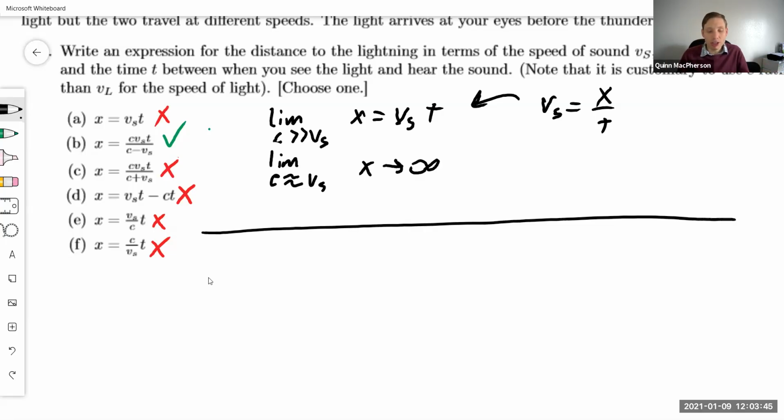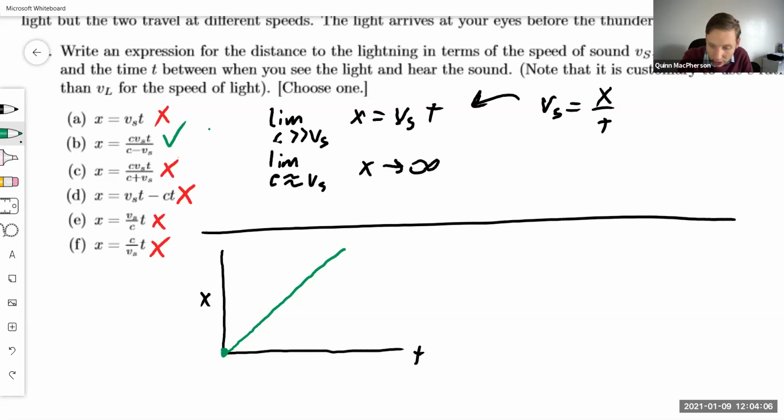I gotta think about how I'm going to do this problem. One of the first things I want to think about is drawing a picture. So let's draw position versus time. And we'll say time equals 0 is when the lightning strike actually occurs. It happens at time equals 0, position equals 0, and then the light travels towards us, and the sound travels towards us.